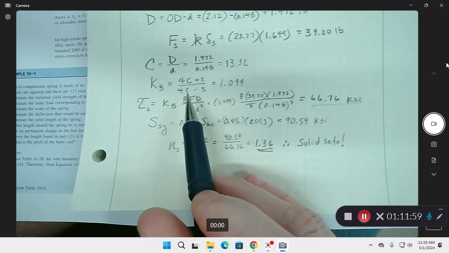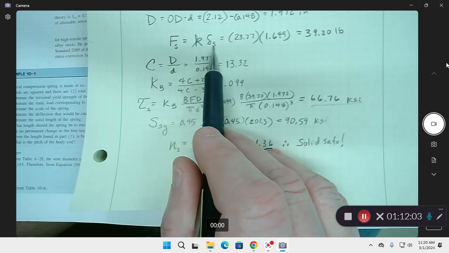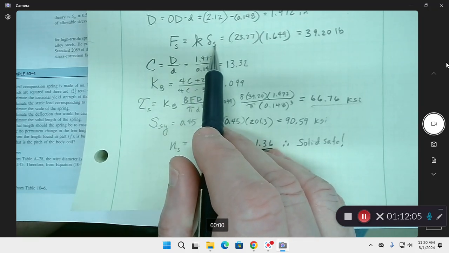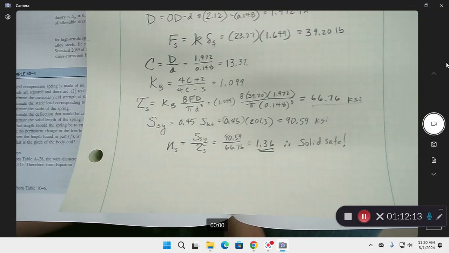And then from that force, we'd find out what that deflection could be. And from that deflection, we'd figure out what the length could be so it was not going to yield. I know it's a long problem. I usually won't ask a problem that long.